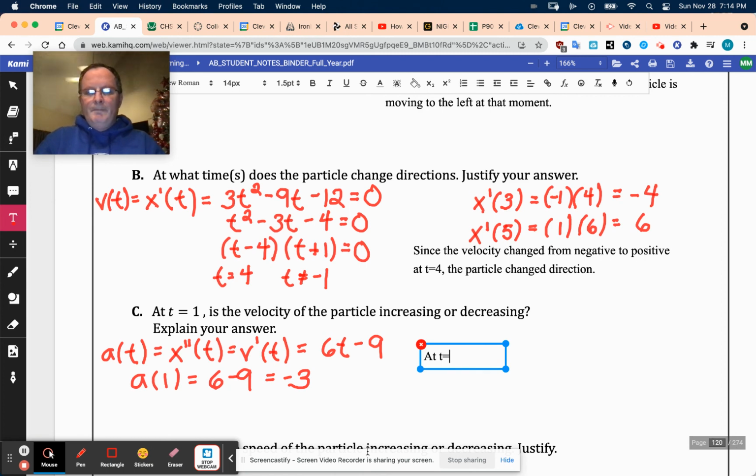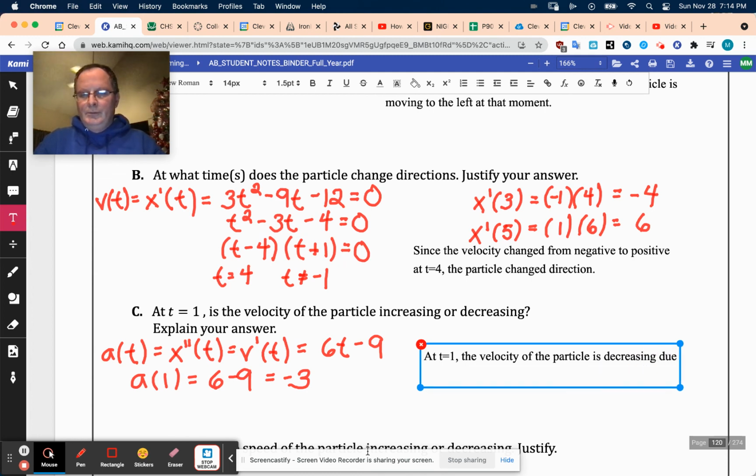At t equals 1, the velocity of the particle is decreasing due to the acceleration being negative.